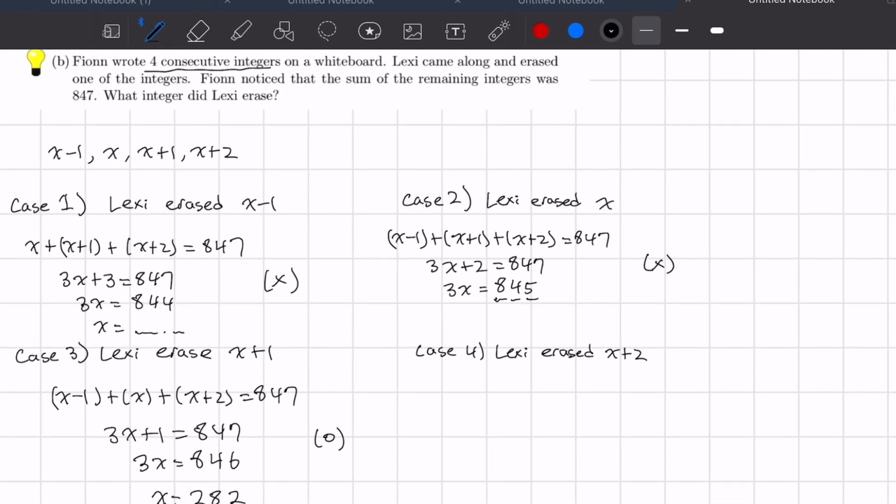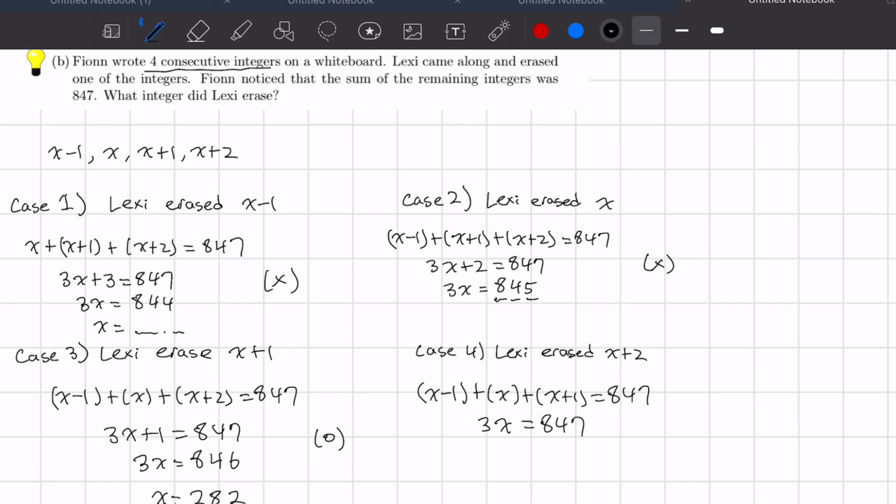So if Lexi erases x plus 2, then the remaining integers would be x minus 1 plus x plus x plus 1, which equals 847. And if we simplify this, 3x equals 847.